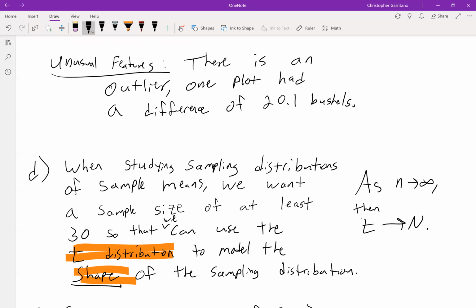Now, I think if you said normal, you'd be totally fine here because, as I mentioned earlier, these are very closely related distributions. If you're still not sure why we use the T distribution, please check out my video that goes over exactly that topic, why we use the T distribution when we are studying sample means.